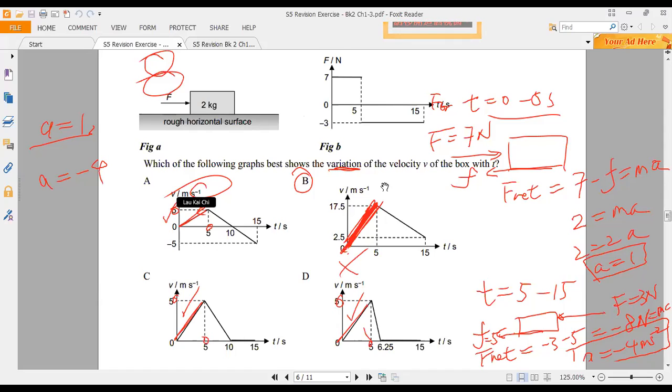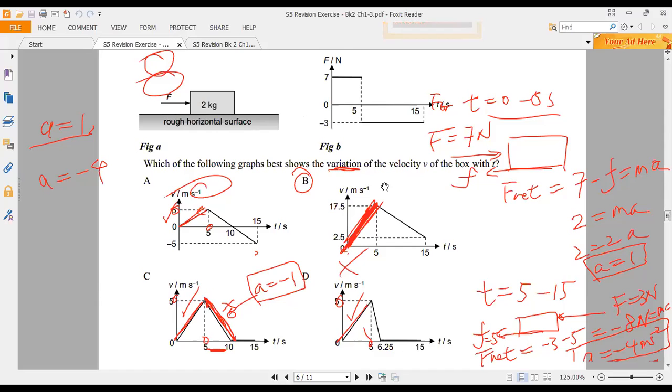Okay? And the second thing we should be able to tell is which of the following would be correct. Since the calculation we got is negative 4, that means this is not correct. It takes 5 seconds to decrease by 5, so in this graph, we got A equal to negative 1 only.